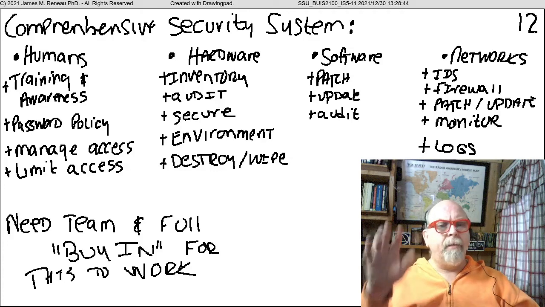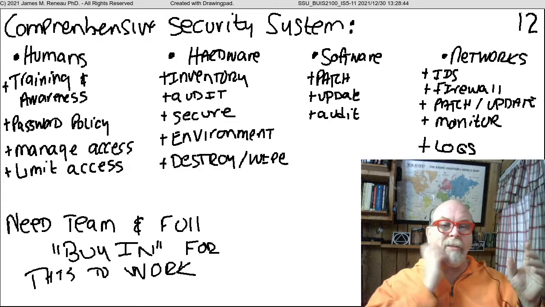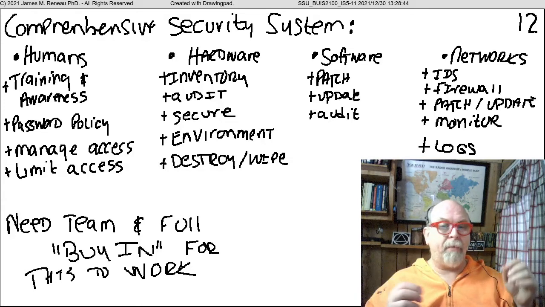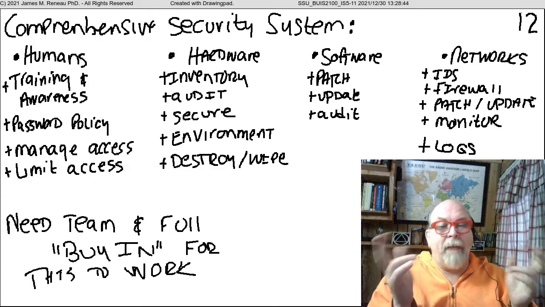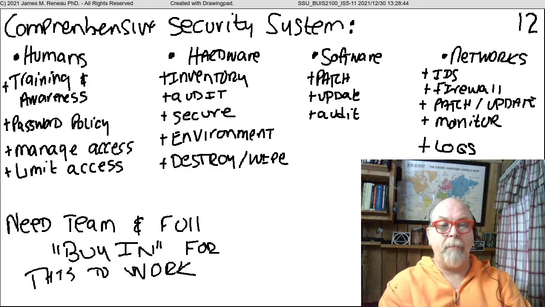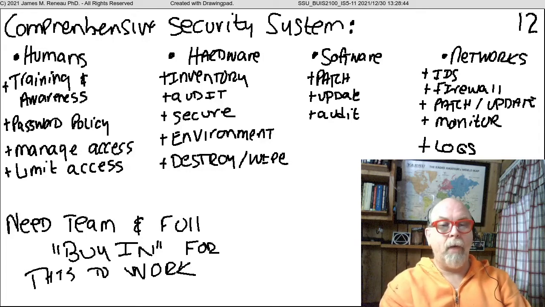Auditing the logs and the hardware and the software and the humans to the actual billing from your internet providers, to make sure there aren't pipes that you are paying for that you didn't know and aren't included in your firewalls.